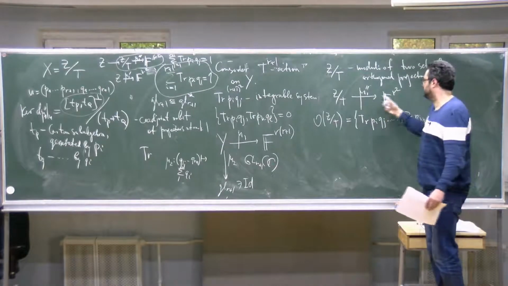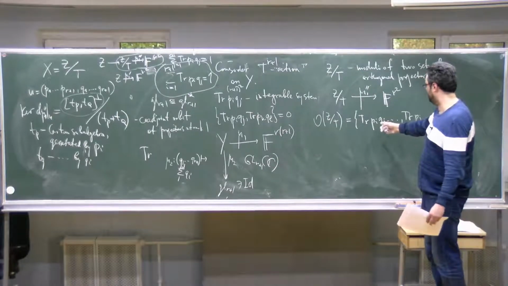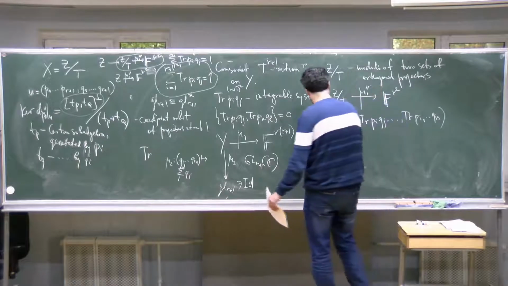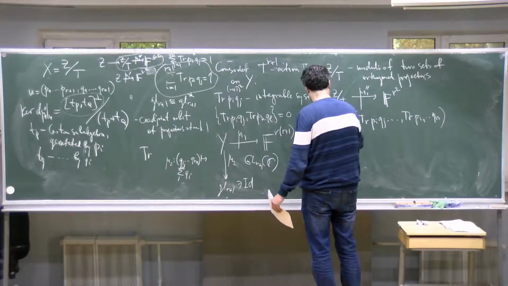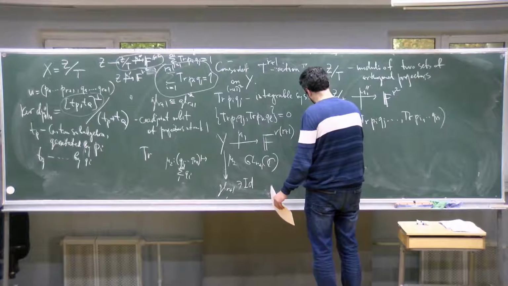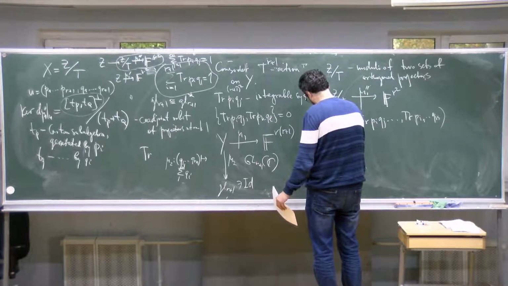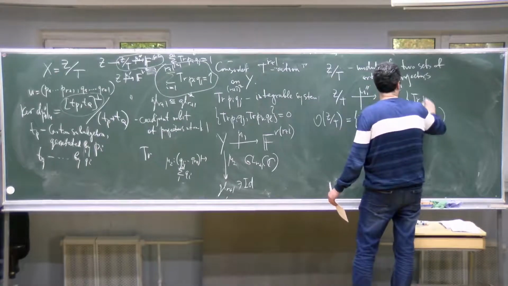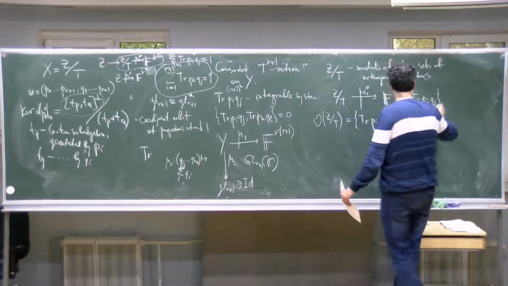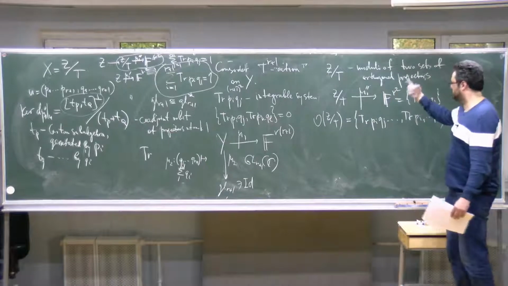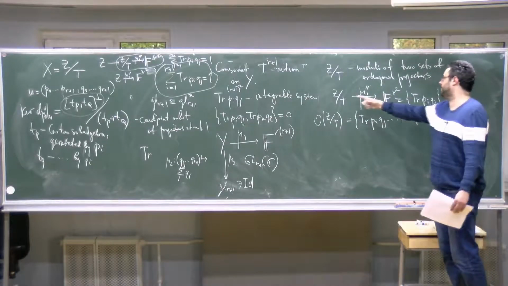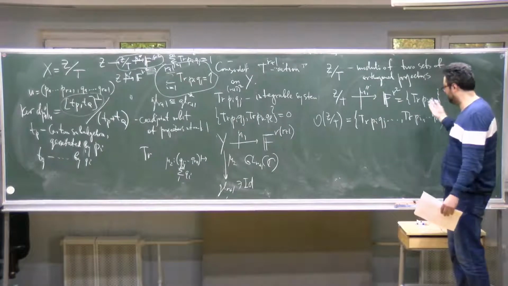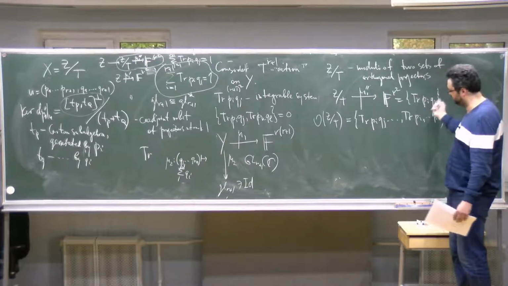And this map is defined only by the following rule: trace pi qj. So we have the following map, which is defined by these traces.